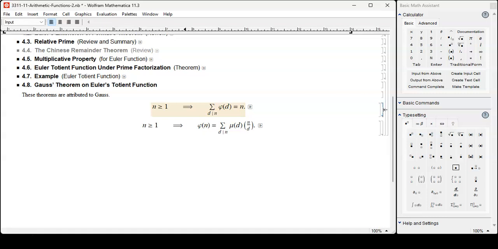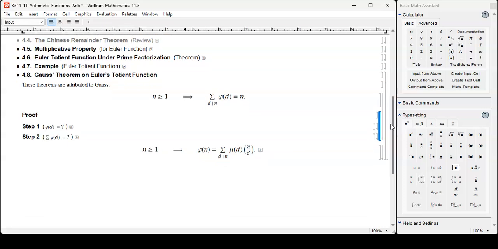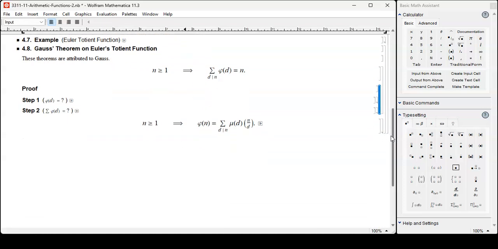Okay, let's prove it. We're going to do it in two steps. First, we're going to express phi of d in an alternative fashion. And then we're going to work out the sum of phi of d.